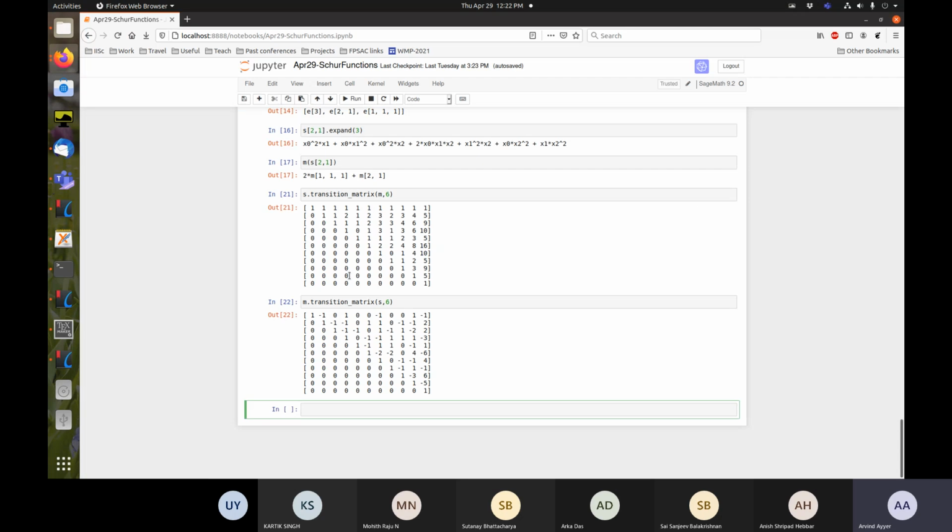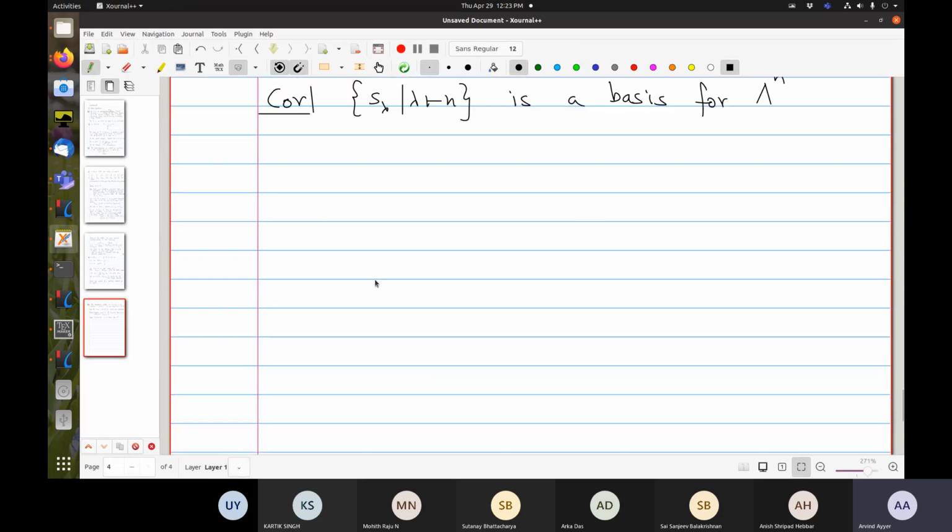All right. So two other properties of the Schur functions, which is what makes them very nice.